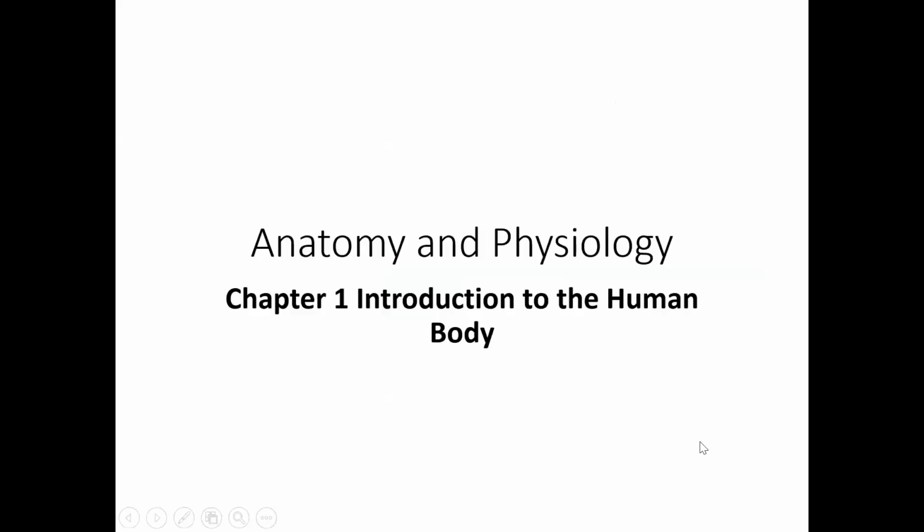So we are starting out with chapter 1, Introduction to the Human Body, Anatomy and Physiology. We're going to start talking about terminology. Terminology is very important when you're dealing with healthcare, because you need to have consistency. It isn't enough to say it's down there or it's up there. We have to use terminology that is the same for everybody.